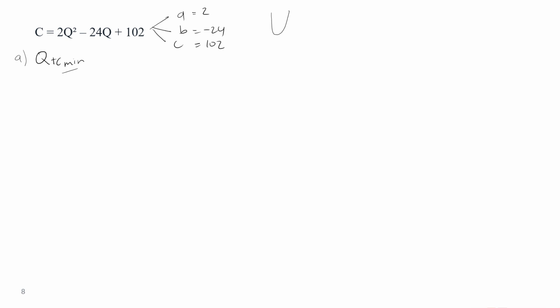This is when the A is positive. Remember, when A is positive, then you will smile. As we can see here that A is equal to 2, it is positive, or bigger than 0. So this function will have this kind of curve, and this kind of curve will have a minimum point.